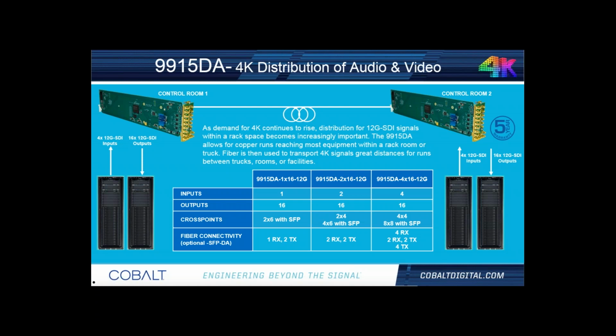We offer it in 3 different models, one being a 1x16, the second one a 2x16, and the third a 4x16. Essentially this allows you to manage multiple different combinations of inputs and outputs, whether it's baseband, fiber, or even, at some point, IP 2110 or 2022. This has you covered.